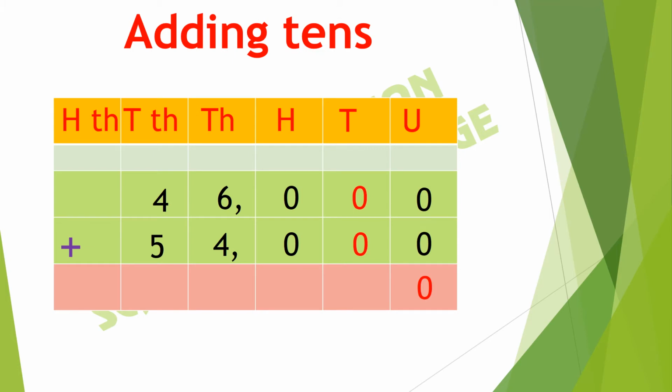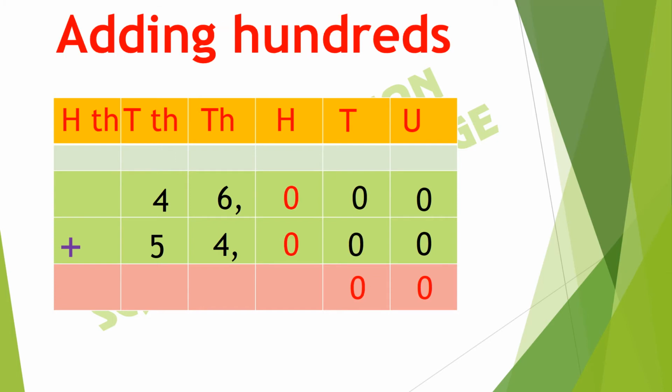In tens, we can see that there is also 0 in both the numbers. So if we add 0 to 0, it comes 0. After the addition of tens, we will move towards the hundreds. In hundreds, there is also 0 in both the numbers.